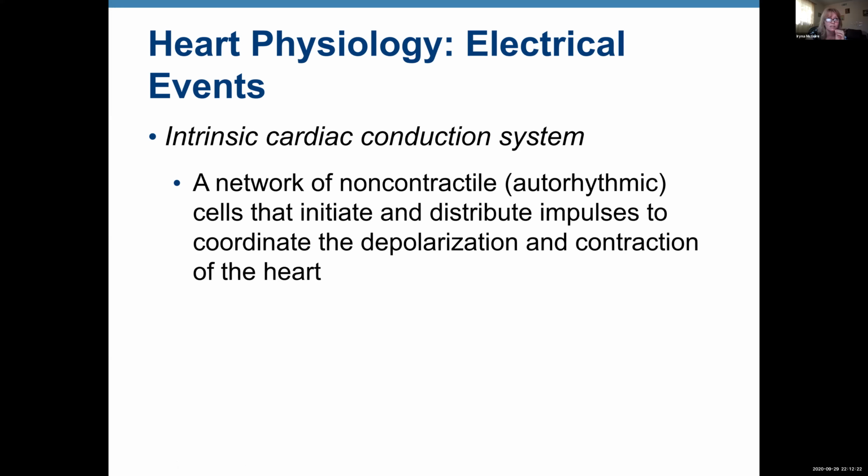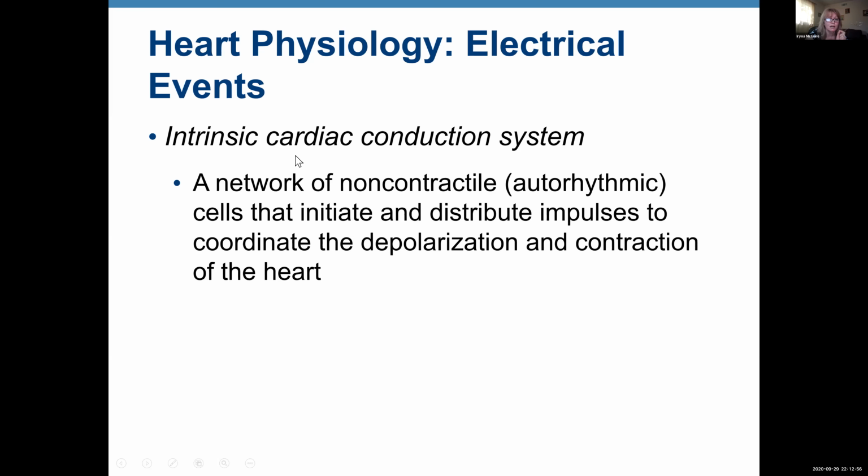Your cardiac muscle cells are capable of autorhythmic contraction, so they can contract on their own. They don't need a signal from the central nervous system. However, your central nervous system can modulate the contraction. It can either speed up or slow down contraction of your heart, and as a result increase or decrease your heart rate, cardiac output, and so on.